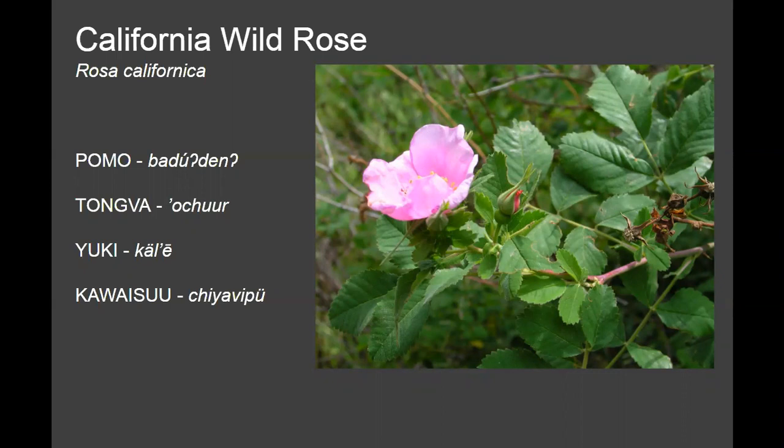The flowers have five petals. Other rose family plants are toyon, which doesn't look much like its wild rose cousin, but blackberry is also in the rose family, and that can be identified by the thorns as well.